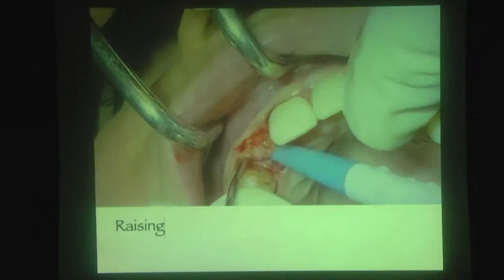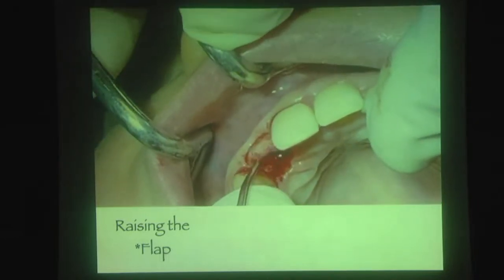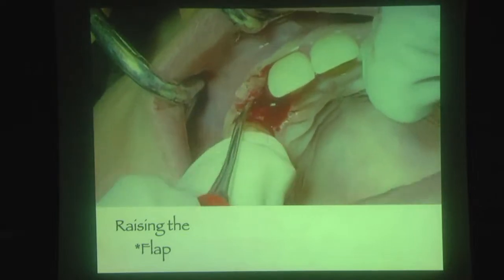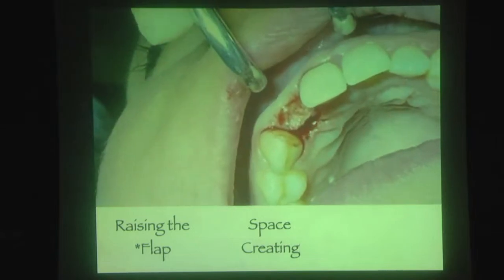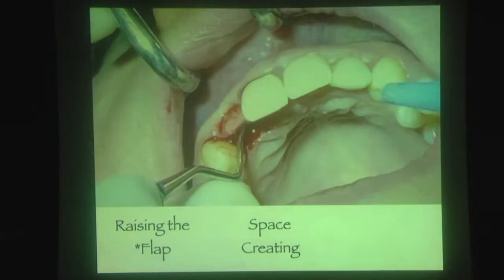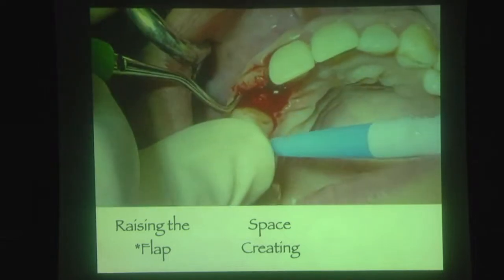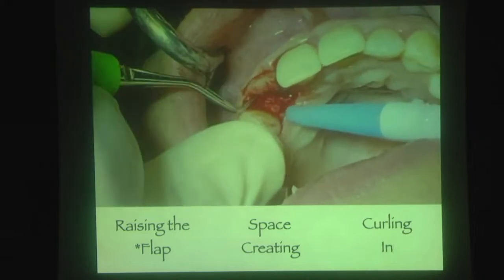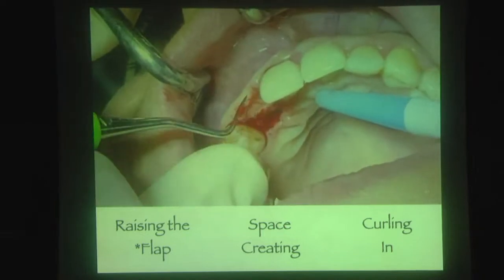First de-epithelialize, and then making the incision, and then raising the flap, starting with full thickness, and then split thickness in the buccal side. And we create a space, okay? And now we will make it curling in like a t-shirt inside, okay? Curl and in.